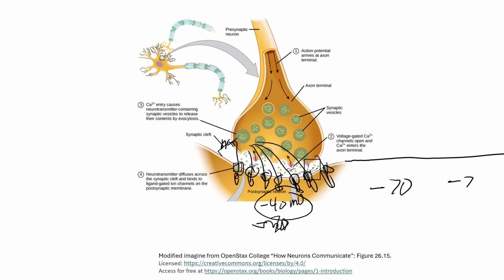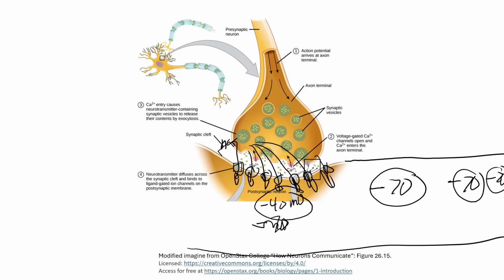In these dendritic regions that lie next to or adjacent to the synapse, these dendritic regions inside haven't changed at all. They're still -70 millivolts. So what good is depolarizing this one singular dendritic region from -70 to -40?